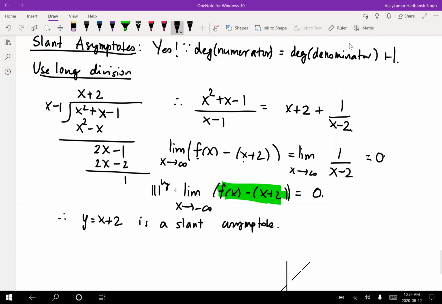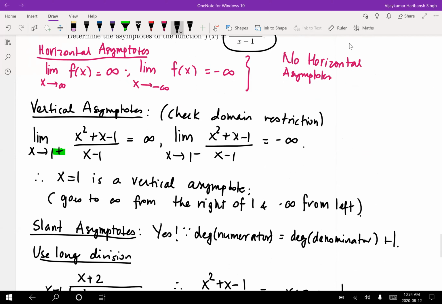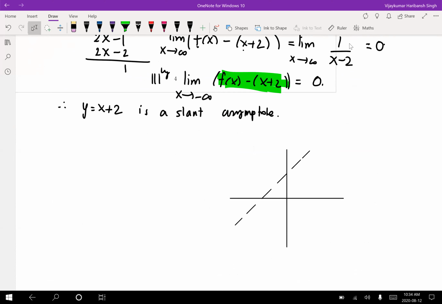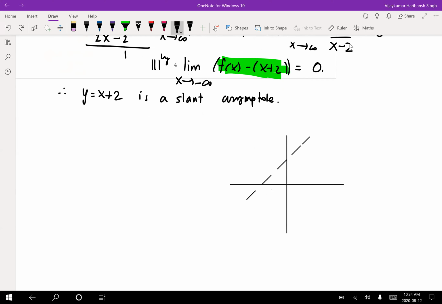Your vertical asymptote is x equals 1, so x equals 1 is somewhere here.